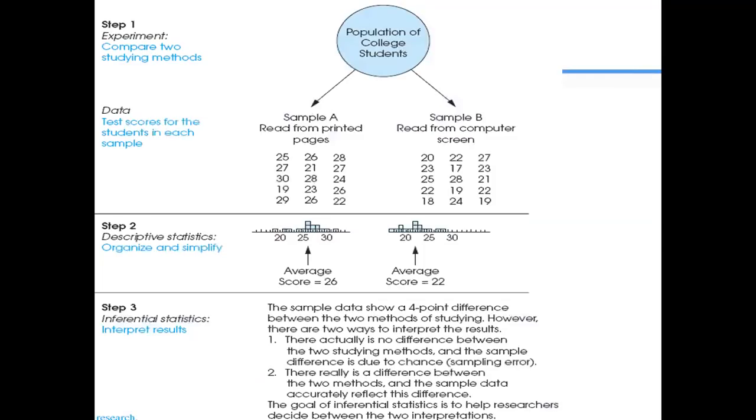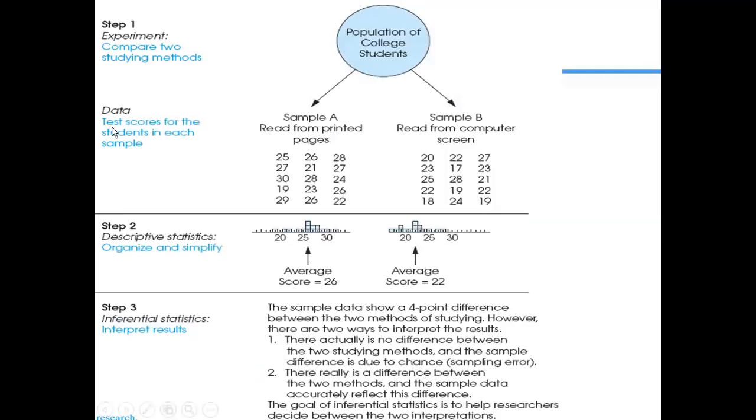I'm not sure which one you prefer, but let's imagine that we conducted a study where we randomly selected 15 people to a sample where they had to read a physical copy of the statistics book this semester. This means they're reading printed pages from a physical book. And we selected another 15 people to be in the computer group. Okay, they had to read the course textbook digitally online on the computer.